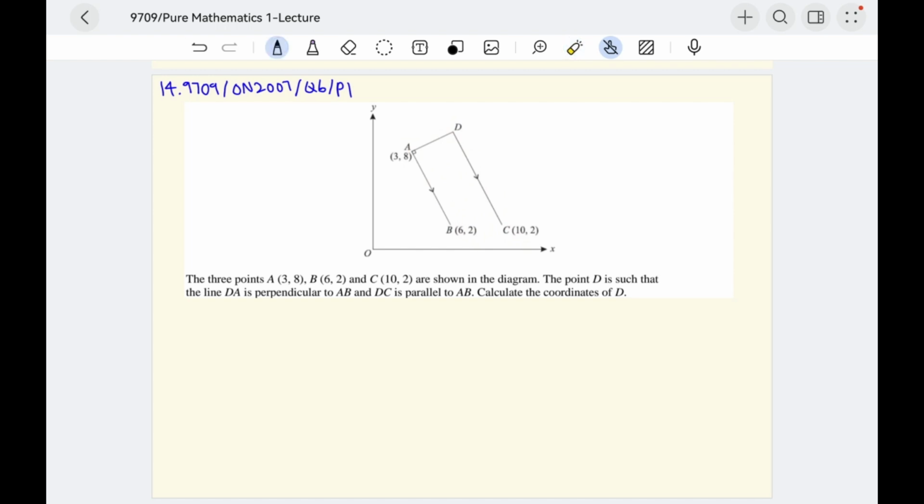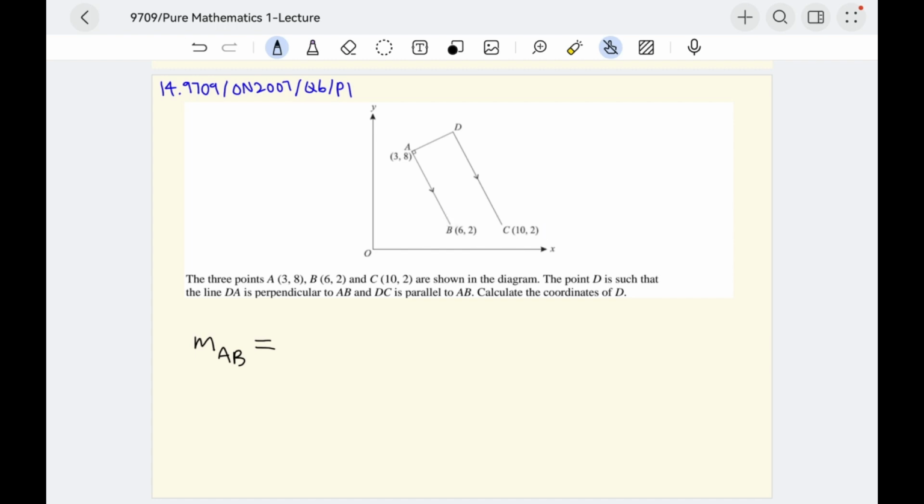Alright, when it comes to the relationship of perpendicular and parallel, the first thing we need to look at is parallel first. The most important thing for this question is to find the gradients first, before relating their gradients using these two pieces of information.